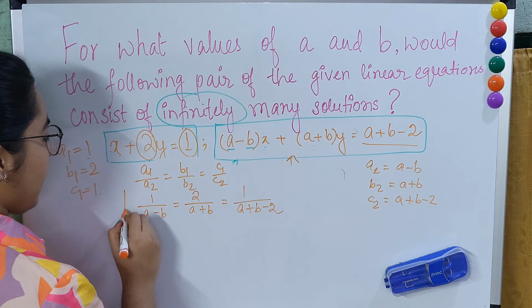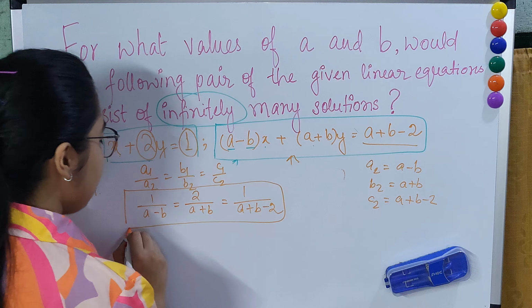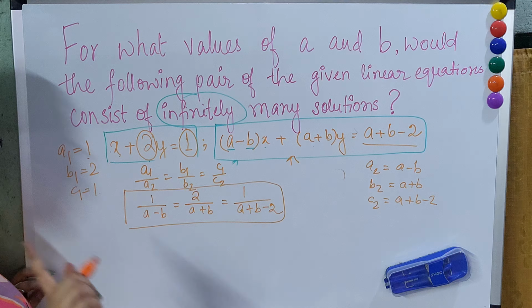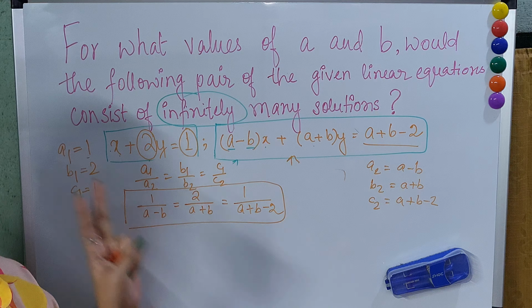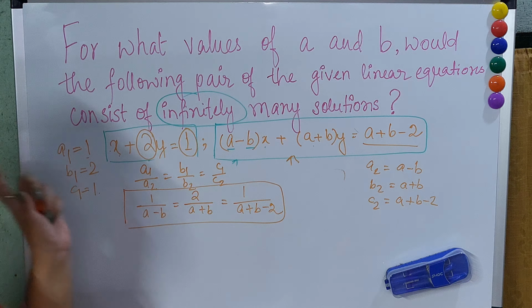Now we take the first two together and then the other two. We have two unknowns and two equations, so we can solve for the values of A and B.